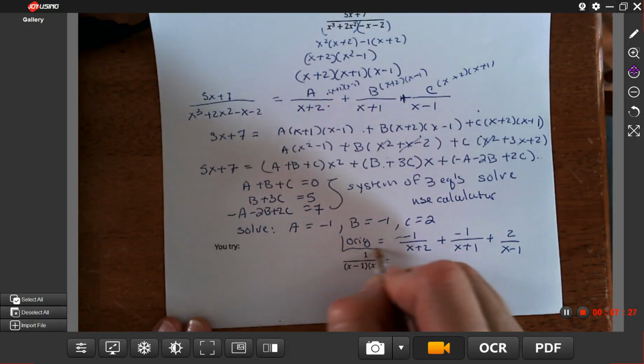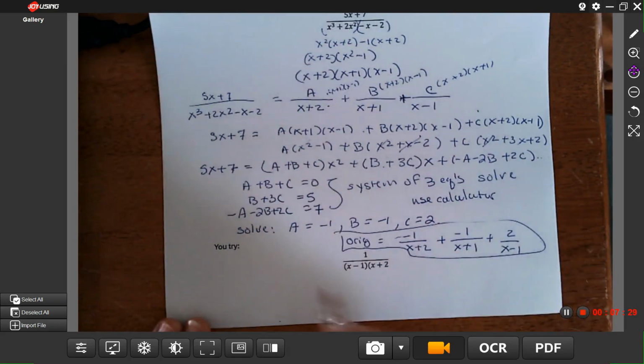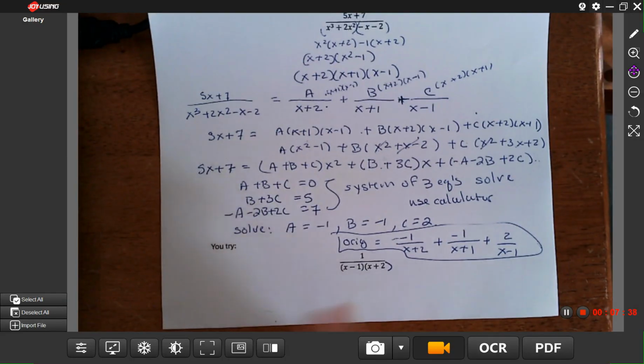I ran out of space, so I'm not going to write it again there. So now you should take a second or a minute and try this one, and I will put the answer up in a second.